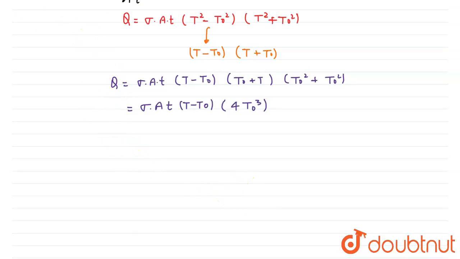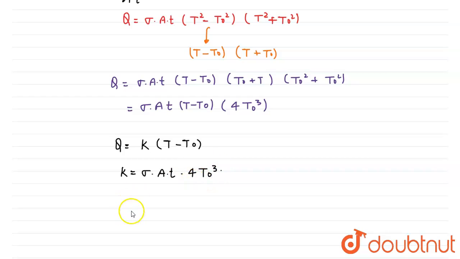So Q, that is the amount of heat radiation or loss of heat, will become a constant value. This is a constant value. I'm writing the value of K into T minus T naught, and here sigma is a constant, A is a constant, and for a time t of 3 seconds or 4 seconds there will be a loss of heat, into 4 times T naught to the power 3.